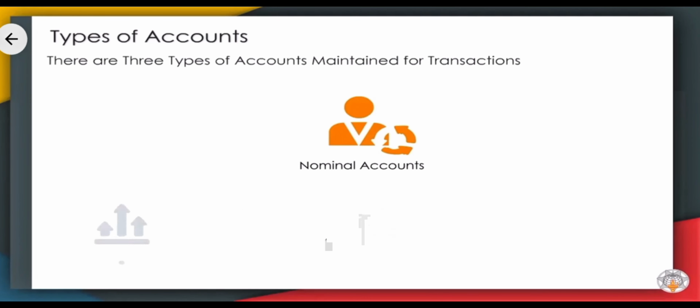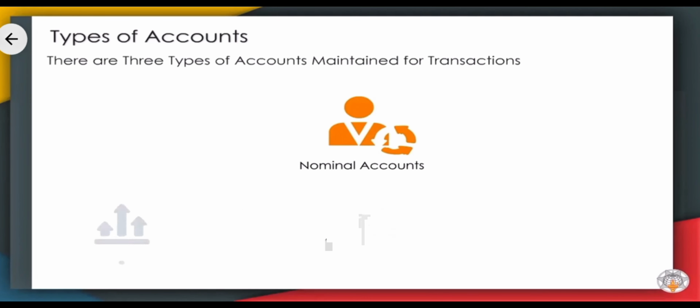Example 1. In the books of Star Enterprises, on 3rd June 2017, bought furniture on cash for Rs 5,000. Date 3rd June 2017. Account name Furniture account. Debit 5,000.